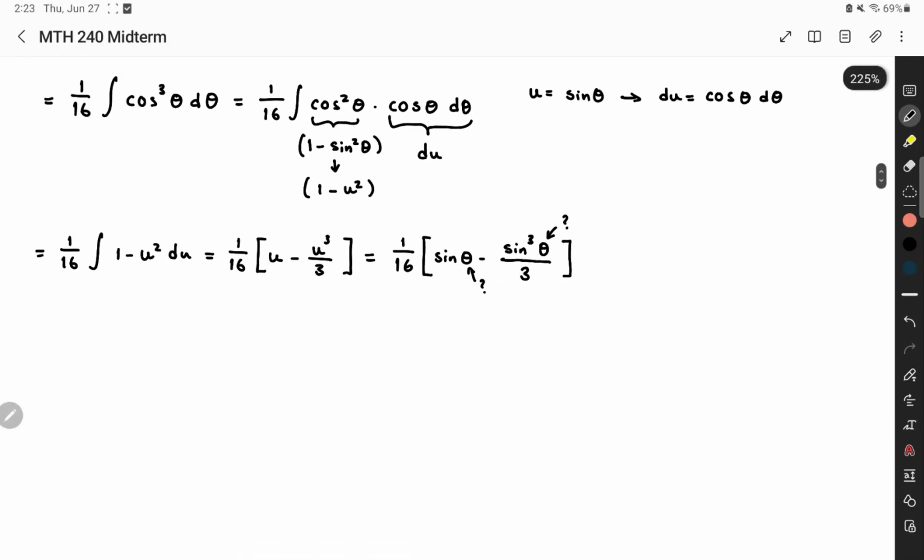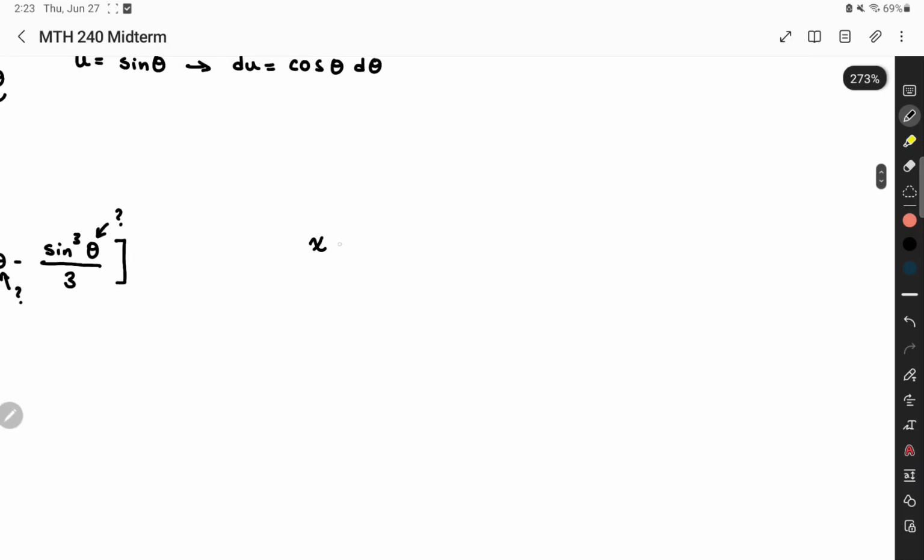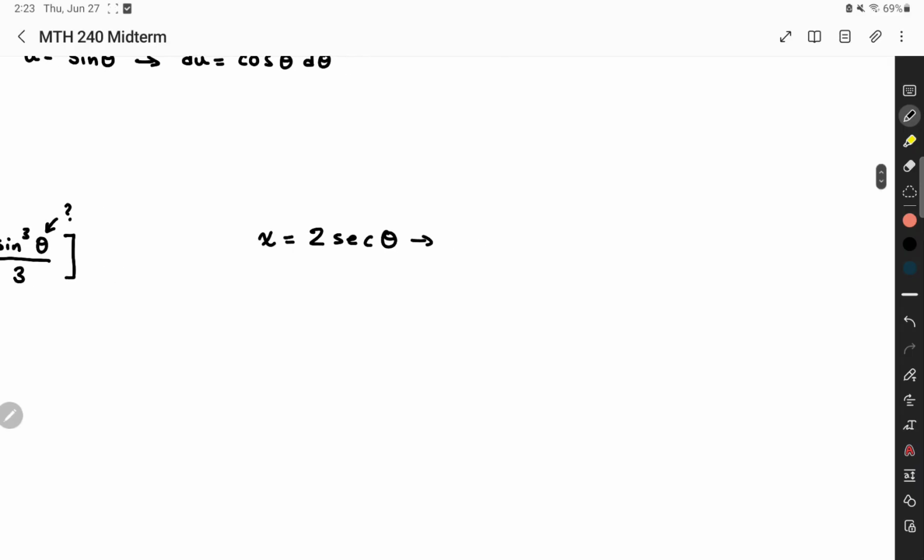Well, if we know that x is equal to 2 secant theta, we can find secant theta. And that would just be by dividing by 2, meaning that secant theta is equal to x over 2.